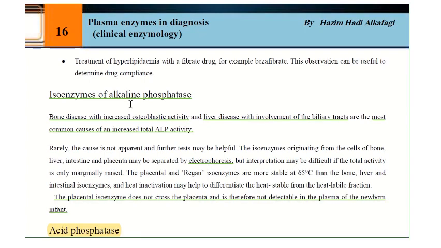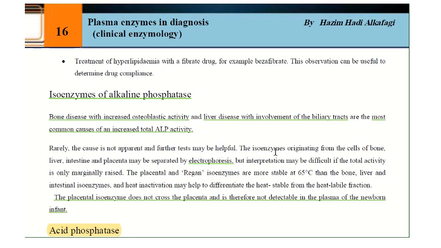Regarding the isoenzymes of alkaline phosphatase, bone disease with increased osteoblastic activity and liver disease with involvement of the biliary tracts are the most common causes of an increased total ALP activity. Rarely, the cause is not apparent and further tests may be helpful.